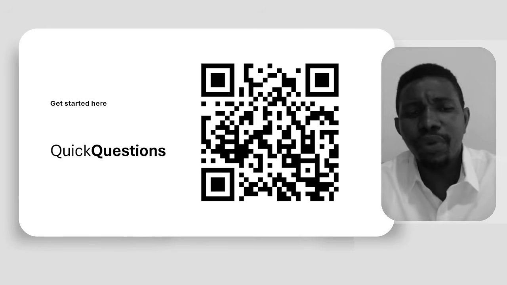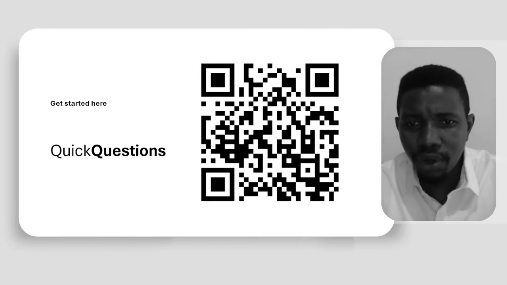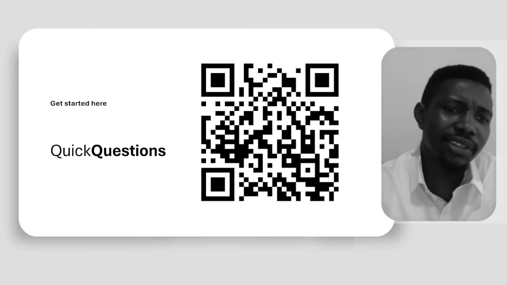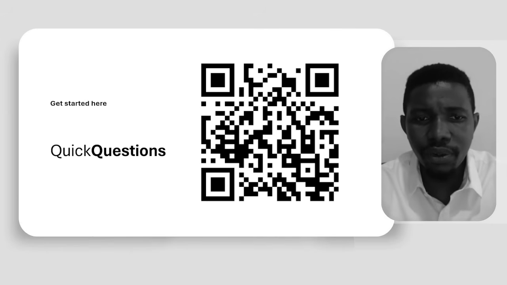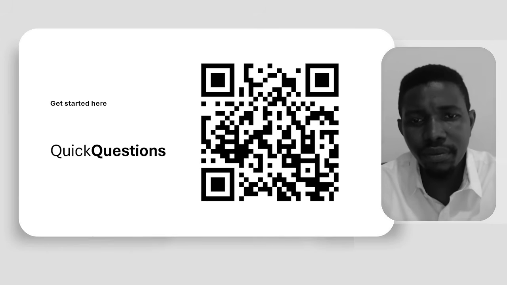But first, let's start with a quick question, like I would always ask. Scan the QR code or screenshot it, and then click on the QR code for you to access the form. While you are doing that, what do you think a copy editor actually does? Think about this.